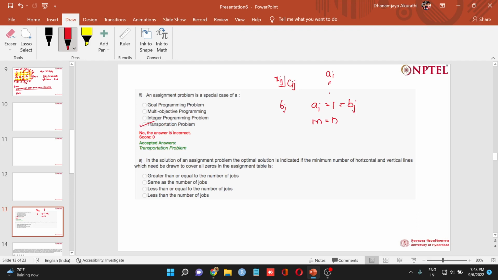Our objective function is the summation of Cij Xij, subject to the constraints of the transportation problem: summation Xij is equal to Ai, and summation Xij, with i from 1 to m and j from 1 to n, is Bj. These are the constraints in a transportation problem. So when Ai is equal to 1 and Bj is equal to 1, it reduces to the assignment problem.